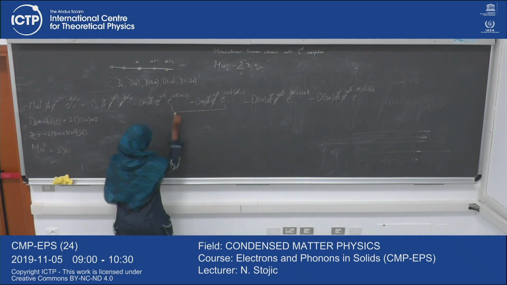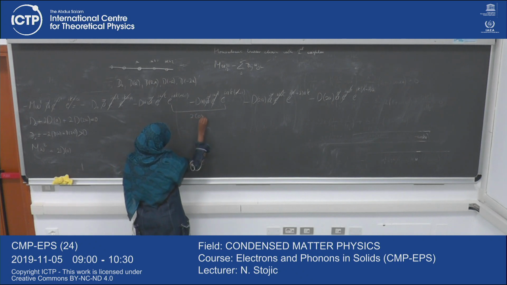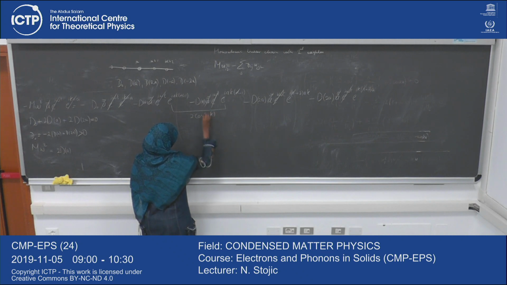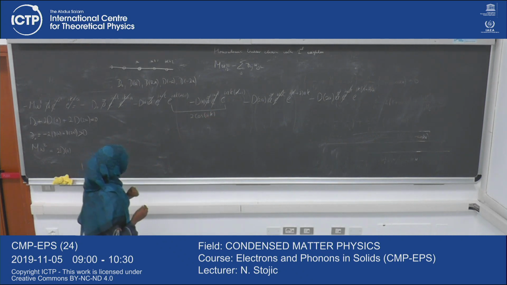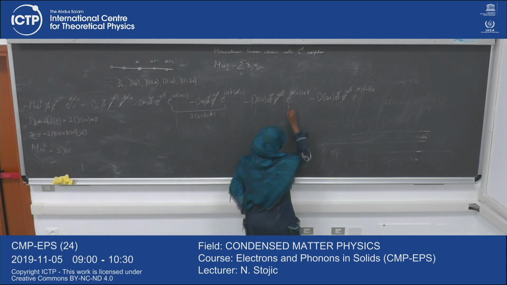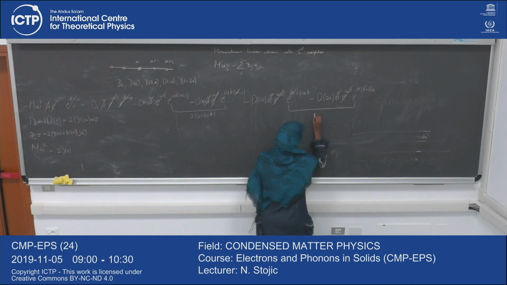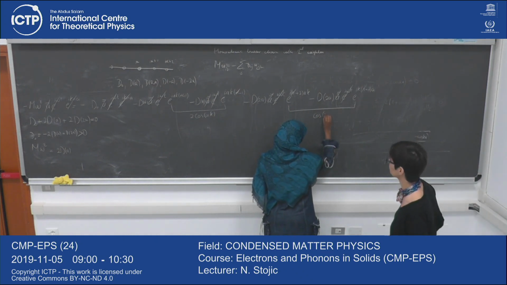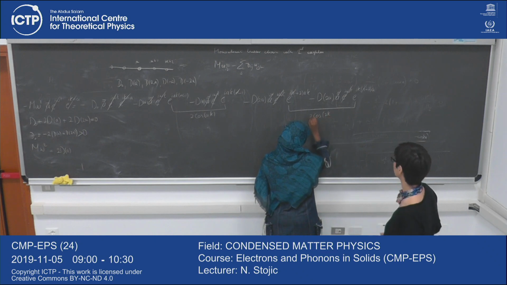These two give 2 cosine 2Ka. Yeah, but she's changing sign in the whole equation. Yeah, a few things going on. It's a mistake, as I proved a few minutes ago.